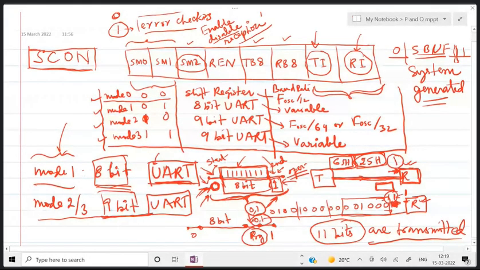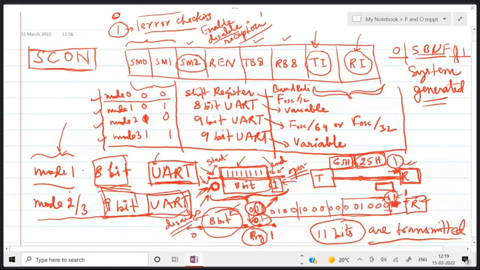When you make it 0, that means you intentionally do not want these 8 bits to be stored, or you want to discard these 8 bits. If you make this programmable bit equal to 1, that means you want to retain these 8 bits. So that's the concept of the programmable ninth bit in 9-bit UART transmission.